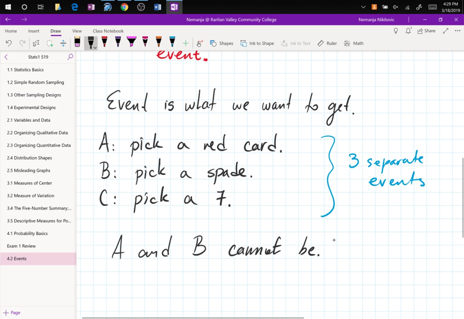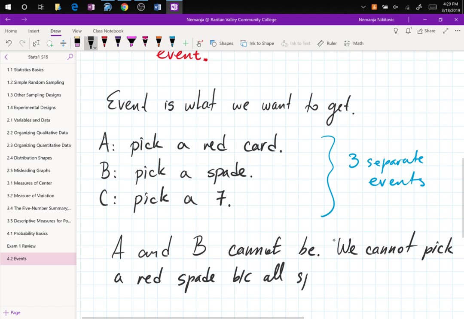You cannot pick a card that is red and a spade, because all spades are black. None of them are red. The same thing, you can't pick a black heart, right? That's another thing.